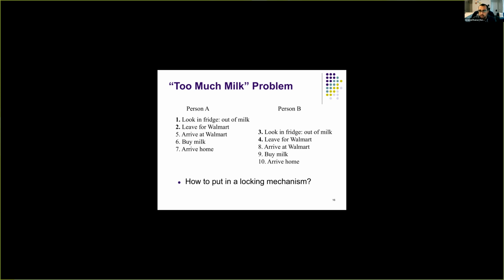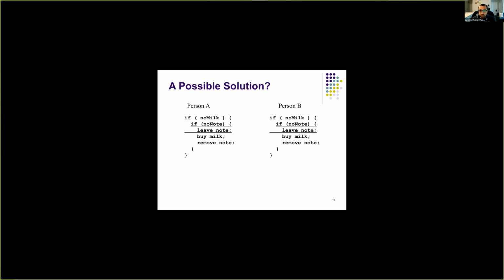So this is a simple example of the too much milk problem. How do we solve this? This is a common problem that happens in most households, right? If you remember, the way we solve this is we use sticky notes. Whenever we go out to get milk, we usually write a note on the refrigerator saying that I'm going out to get some milk.